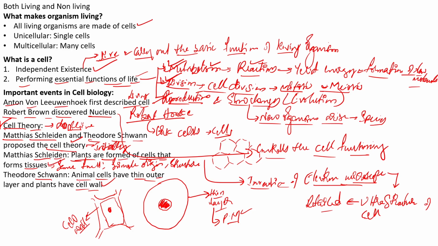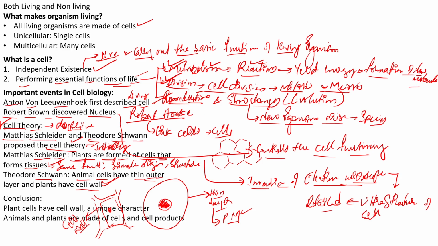And Schwann observed that animal cells have a thin outer layer, which we now know as the plasma membrane, and plants have a rigid structure called the cell wall. So these were the two important observations mainly used for the formation of the cell theory initially.